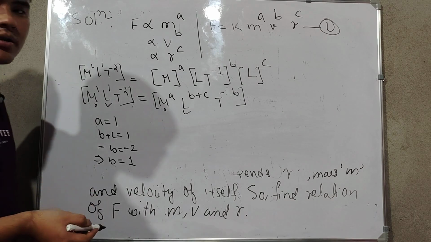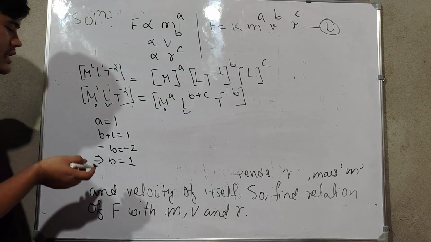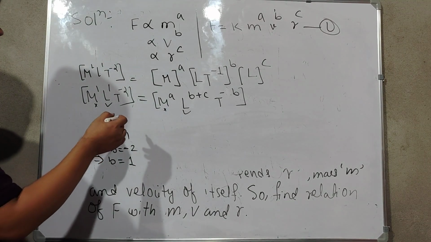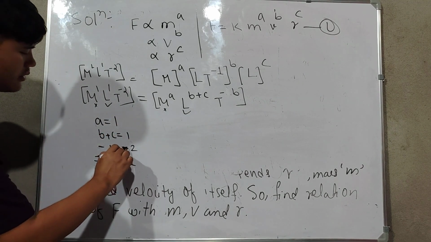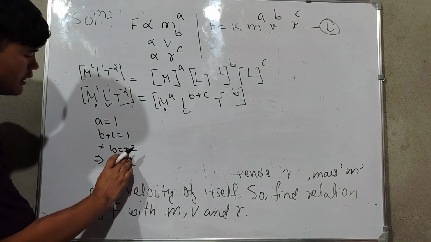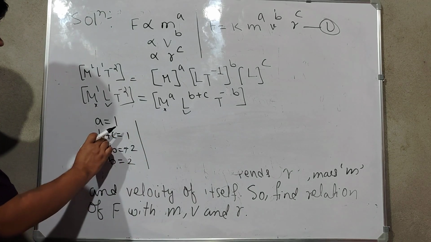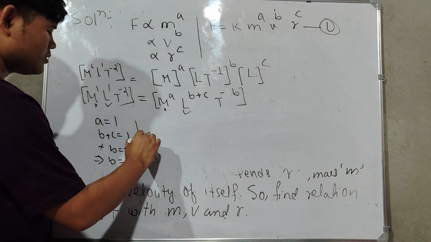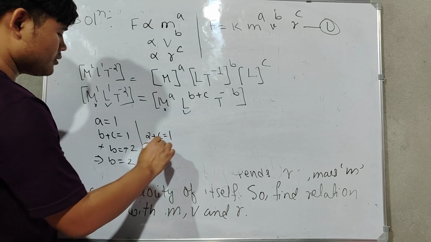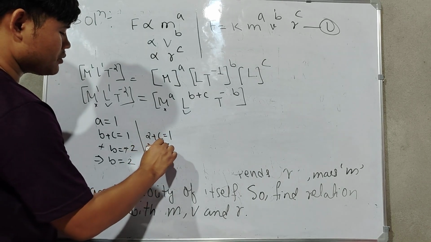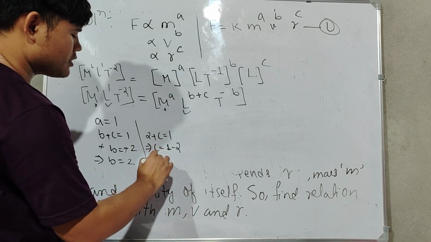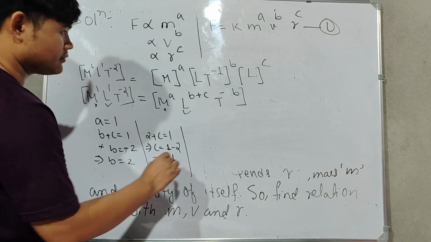That's why I always do it slowly, otherwise you will make mistakes like me. So B is equal to 2 only. You substitute here: 2 plus C is equal to 1. So C is equal to 1 minus 2, so it will be minus 1.